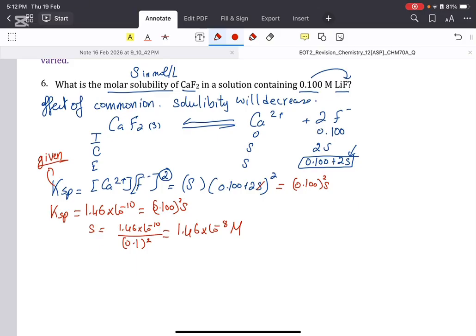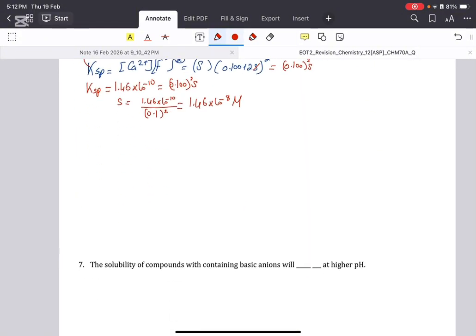Okay, so here in this case, whenever I add a common ion, the solubility will decrease, the amount of aqueous will decrease, and more solid will appear. So as if I am telling you that the equilibrium will shift to the right.